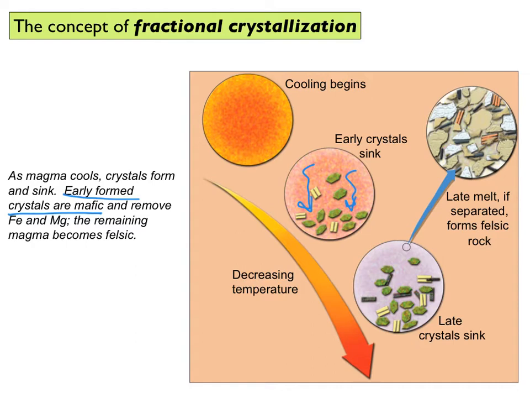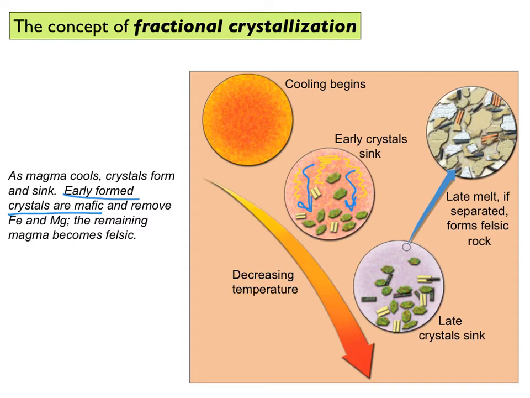That means that the remaining liquid, all of this pink stuff around it, becomes relatively felsic. So really all of these processes, partial melting and fractional crystallization, drive the compositions of magmas or melts to more and more felsic compositions.